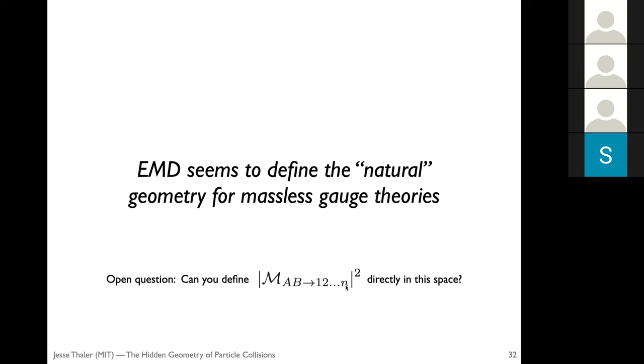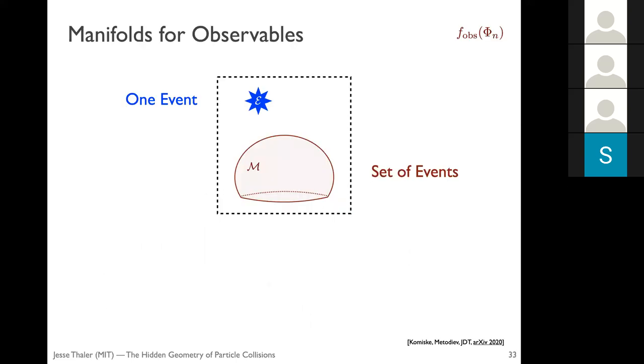Okay, so this gives you a sense of how the notion of phase space gets geometrized. What about observables? I've already hinted at this at the beginning of the talk, that I can use manifolds to understand what observables are. So I have one event that's a point in this abstract space. I have this manifold of events that can correspond to some set of events.